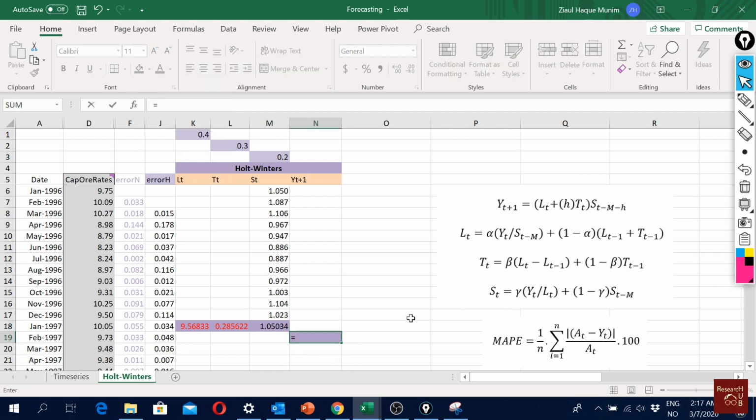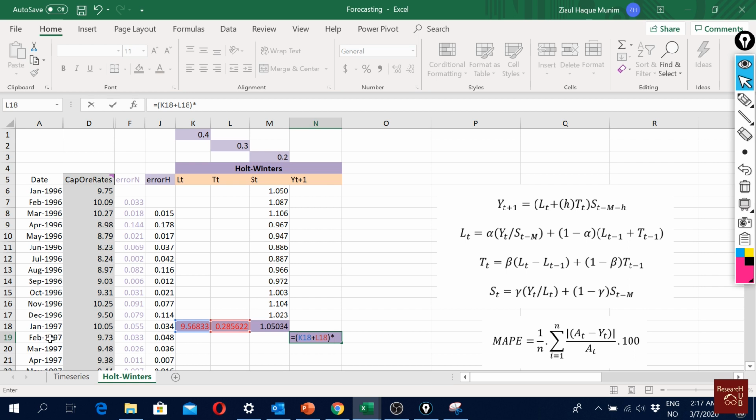So to forecast, I'm going to start with the function, and then we have the LT plus TT, and I'm not going to use the H now. H is the forecast horizon, and I'm going to use it for out-of-sample forecast. And then we close the bracket. We multiply this period with its previous year's corresponding time period seasonal value.